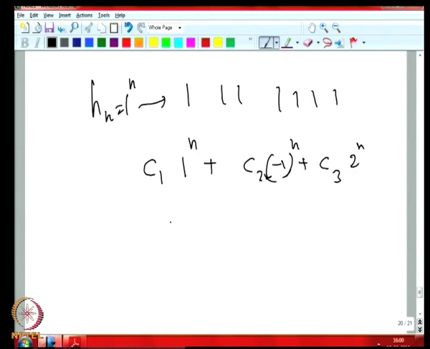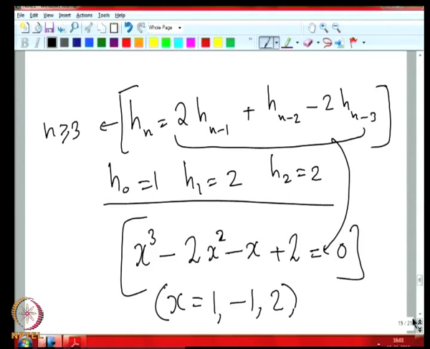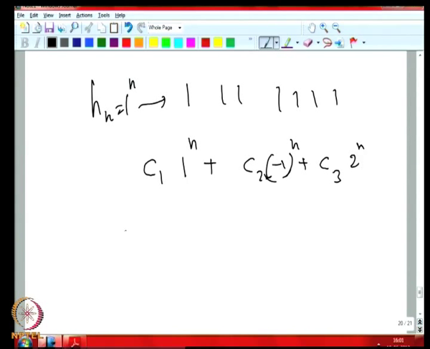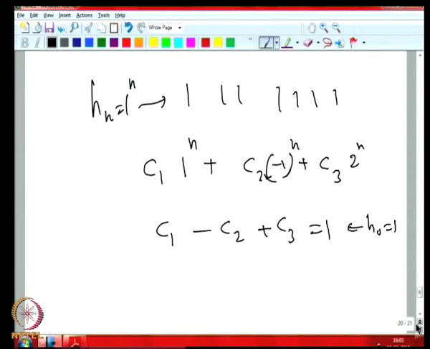Now, the work is only to meet the initial conditions, namely h0 equal to 1, h1 equal to 2, h2 equal to 2. Substituting n equal to 0, h0 equal to 1 gives us C1 plus C2 plus C3 equal to 1. Then h1 equal to 2 will give us C1 minus C2 plus 2 C3.